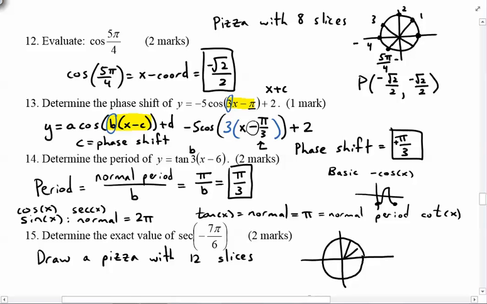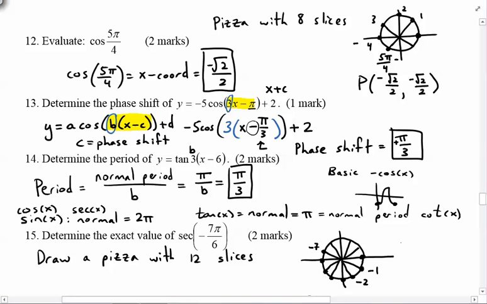Each quadrant is going to be broken up into 3 slices. And I always start on the positive x-axis, but this time I'm going to go clockwise because it's negative. So -3, -4, -5, -6, -7 pi over 6 is right there.